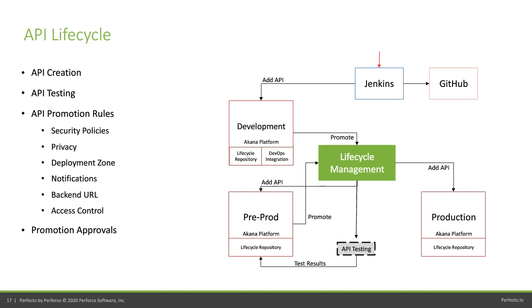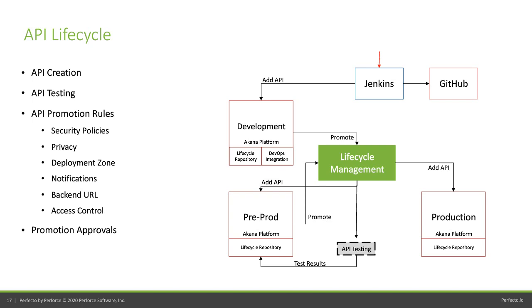So once the API is successfully added or propagated into the pre-prod environment, we can trigger a notification or a workflow to the API testing system. In this case, it's going to be Perfecto.